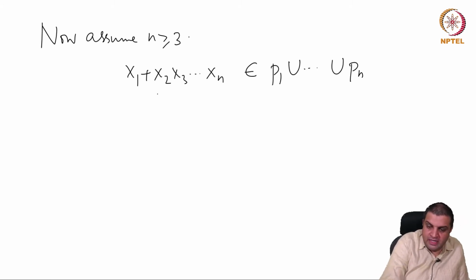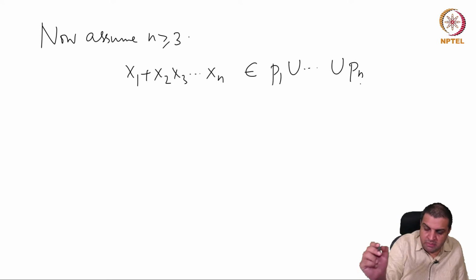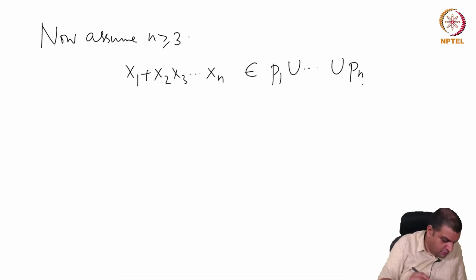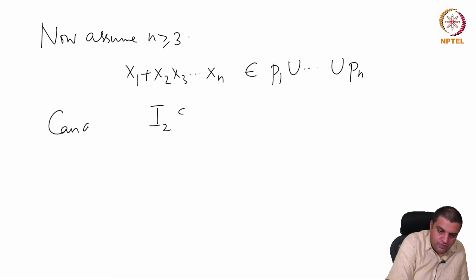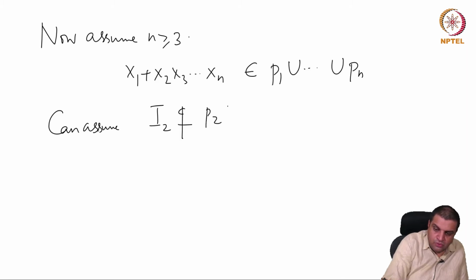So if I is not in P2 union Pn, we can assume, by induction, that I is not a subset of P2 union Pn.